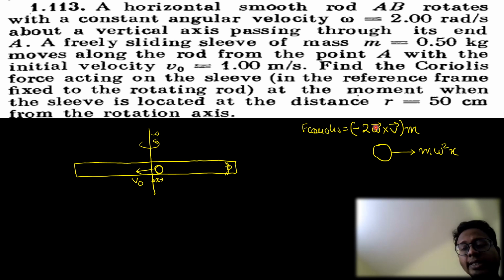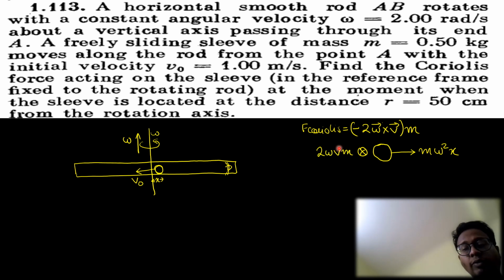What is the direction of 2 omega cross v? If you use your right hand three finger rule, omega is a vector acting upward, because omega is an axial vector. v is acting towards left, so omega cross v would be acting towards you, or outside the plane of paper. And minus of any vector outside the plane of paper is a vector inside the plane of paper. So Coriolis force would be acting inside the plane of paper, and that is nothing but 2 omega v m.